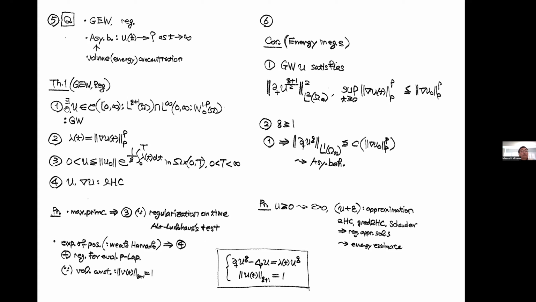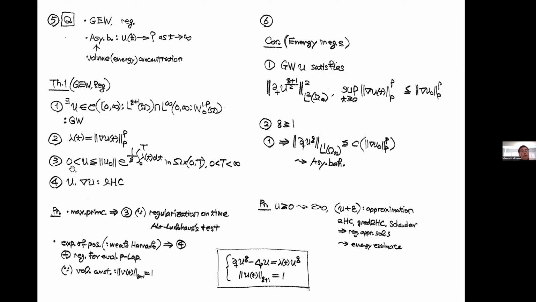We have a global weak solution u belonging to this function space: continuous in time with values in the Lebesgue space L^{q+1}(omega), and L-infinity in time of the Sobolev space W^{1,p}_0(omega). u is a global weak solution, and the Lagrange multiplier lambda(t) is the p-energy of the solution u at each time t.